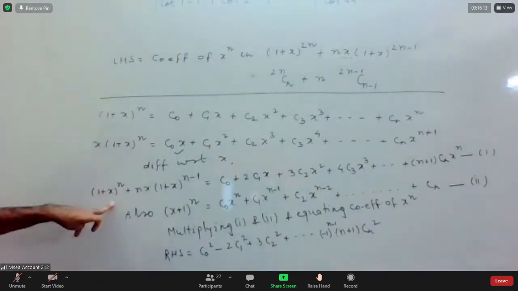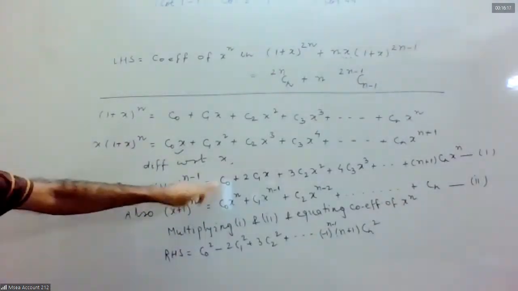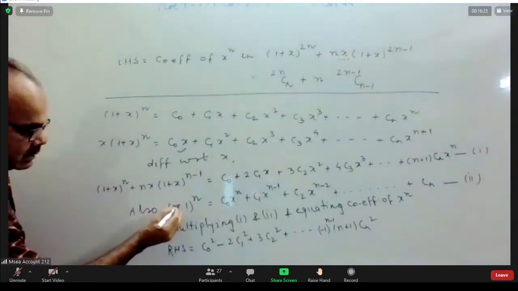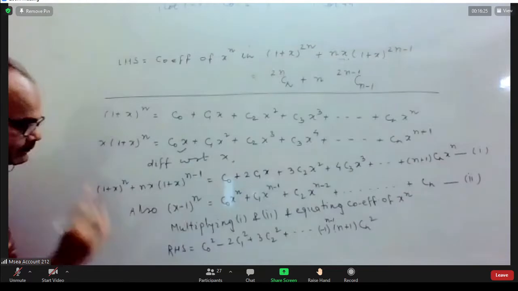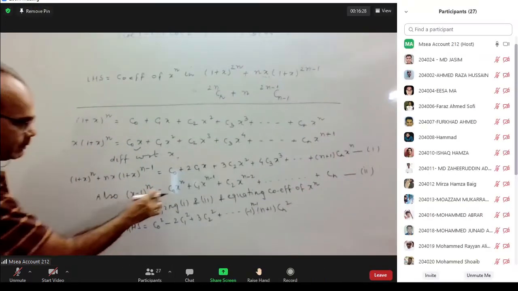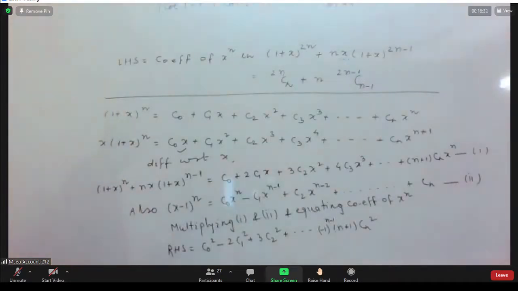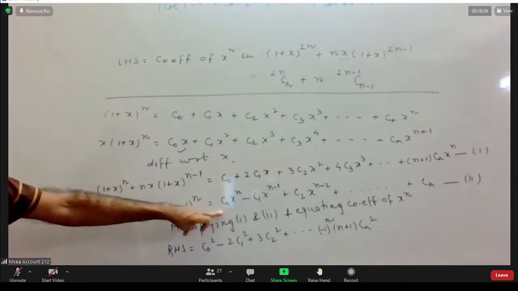Now here we want C0 square minus C1 square. So which series we need to take here? If I take x minus 1, it will be what? Yes, sir.